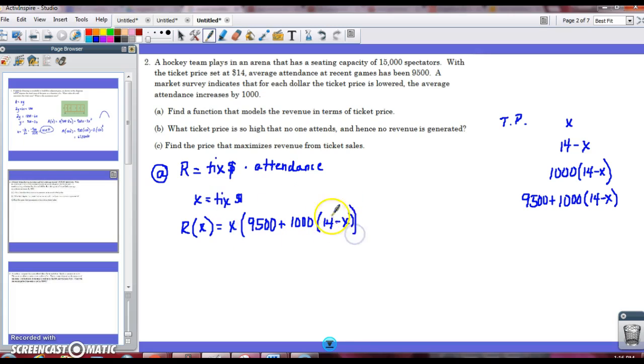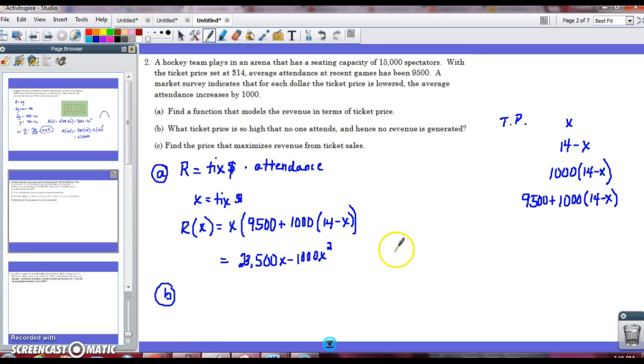And I'm going to leave you guys to do all the math there and distribute and combine like terms, but you do end up with 23,500x minus 1,000x squared. Okay, so that is part A, that's your function. So part B says, what ticket price is so high that no one attends and hence no revenue is generated?